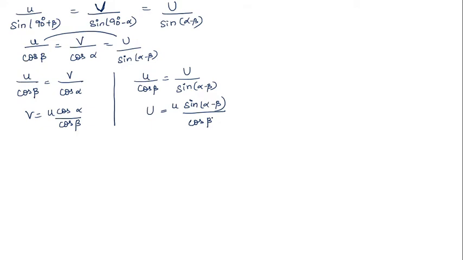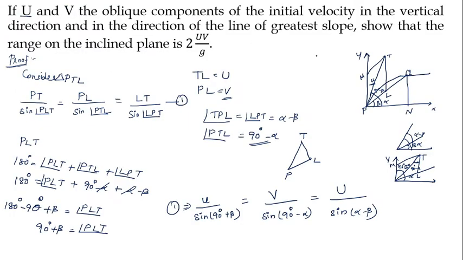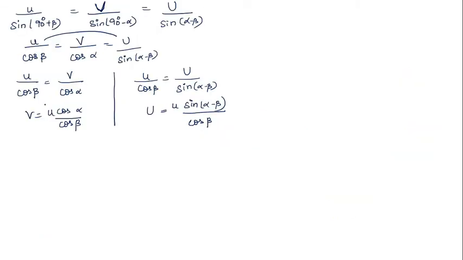So what we have to prove? We have to prove that the range on an inclined plane is 2 into UV divided by g. So you have to find 2 into U into V divided by g, and we have to prove that that is equal to the range on the inclined plane. So 2 into capital U into V divided by g, which is equal to 2 by g into, what is V? V is u into cos alpha by cos beta.